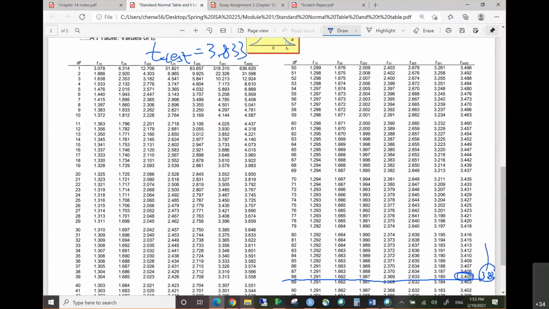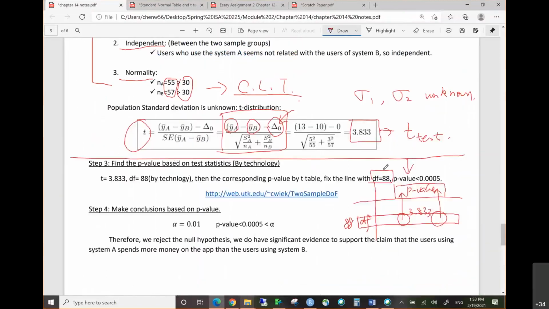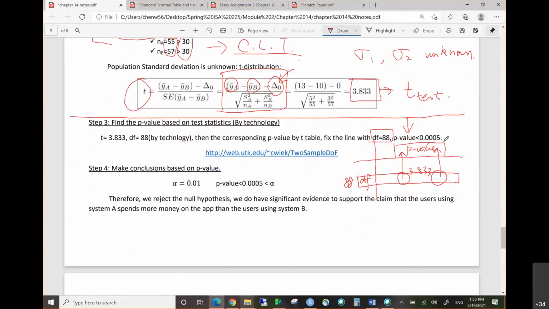That means if you go up to the top line, your p-value should be even less than this 0.0005, right? So that means you find the range of your p-value, which is less than 0.0005.